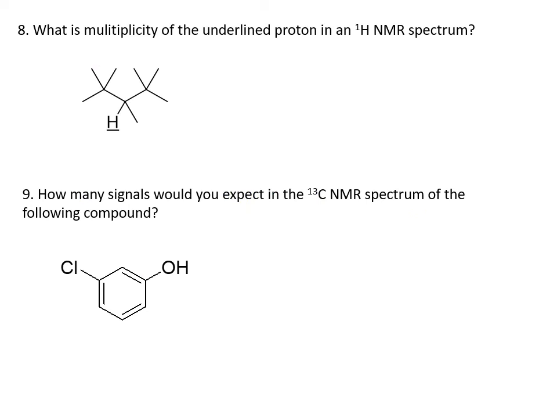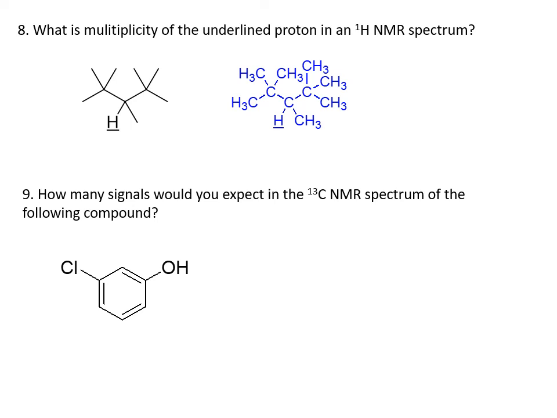Question 8. What is the multiplicity of the underlined proton in a proton NMR spectrum? You may be able to tell that right from a line formula. If not, you may have to redraw this formula as a condensed or even complete structural formula. So for that underlined proton, you look at the neighboring carbons, how many hydrogens are there, and then you use the formula n plus 1, where n is the number of neighboring hydrogens, to arrive at multiplicity.